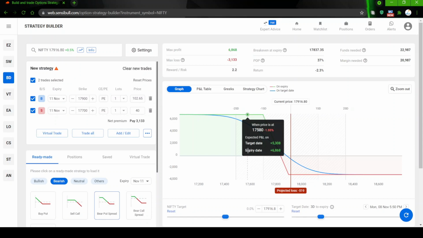We entered when the market was at 17,900 and we had a bearish view, and the view has become right, so the strategy will be in profit. If the market goes down, the strategy will be in profit. So this is a very simple vanilla bear put spread. I hope you understood what this strategy is.